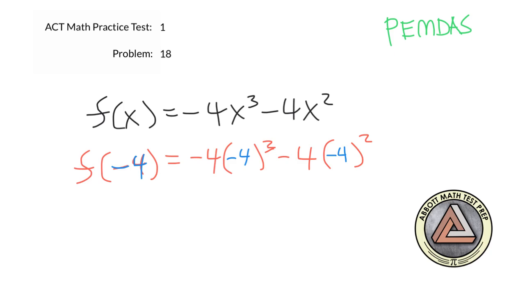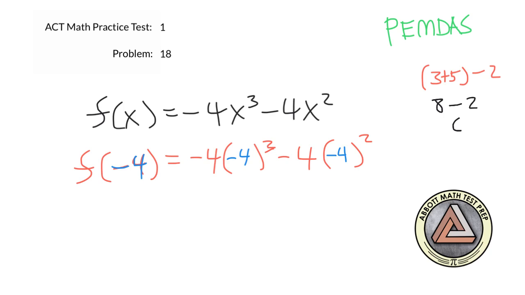The P basically means if there's an opportunity to simplify something inside parentheses, go ahead and do that first. So for example, if you had something like 3 plus 5 minus 2, the P says, square away this 3 plus 5 thing.